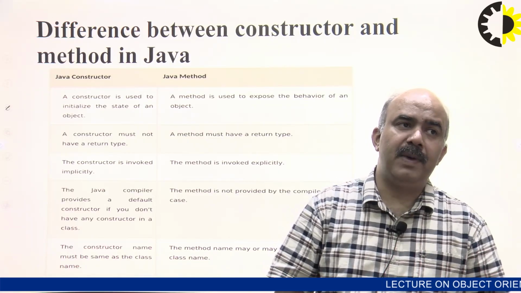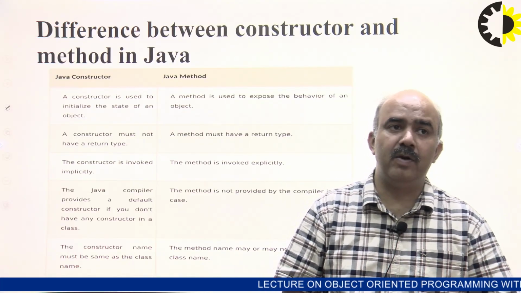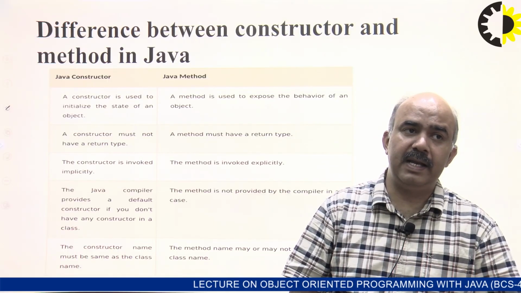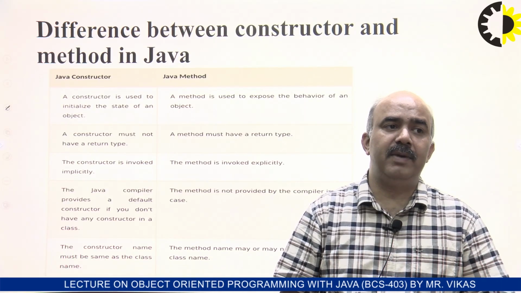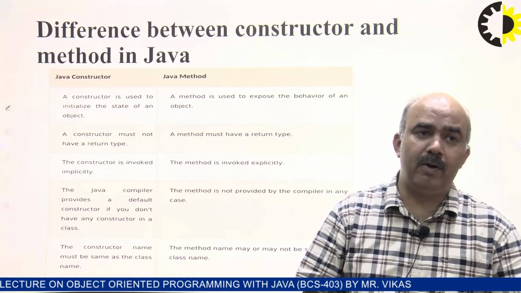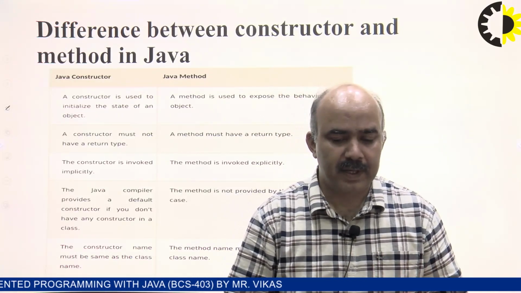The Java compiler provides a default constructor if you do not have any constructor, but a method is not provided by the compiler in any case. A constructor name must be the same as the class name, while a method may or may not have the same name as the class.